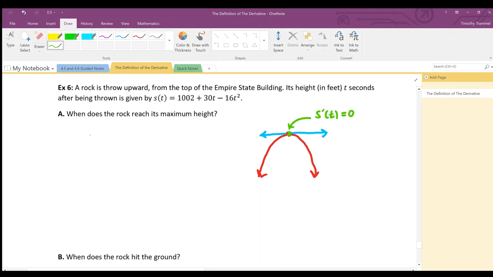We want to find when s prime of t is equal to 0. So that means we're going to need to find that derivative first. I'm going to skip the work here this time just so you don't have to watch me do this again using the definition of the derivative. But if we went through the process, we'd get 30 minus 32t. And so it's just this that we want to set equal to 0.